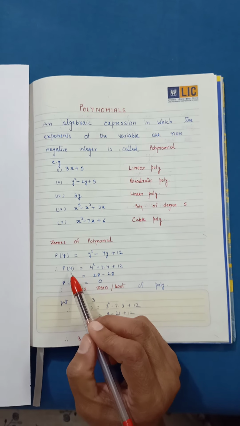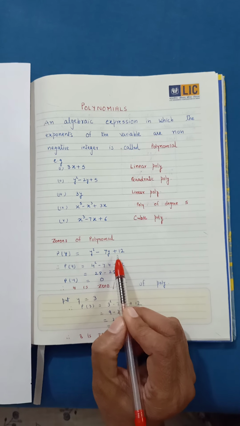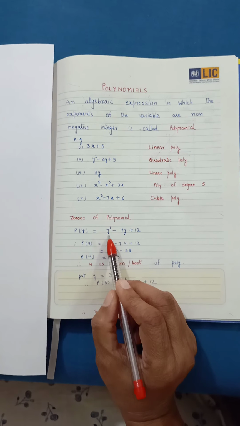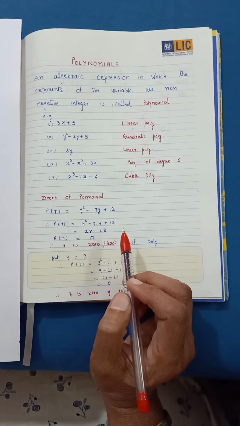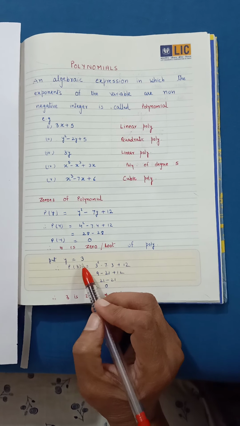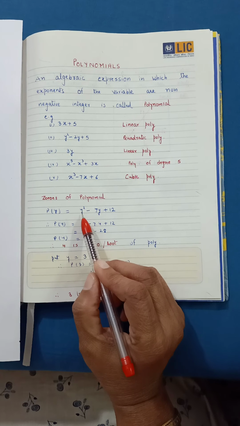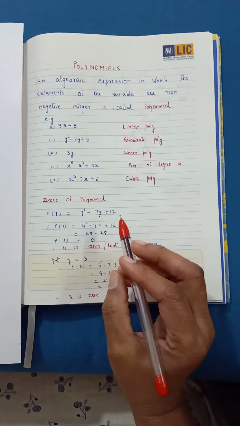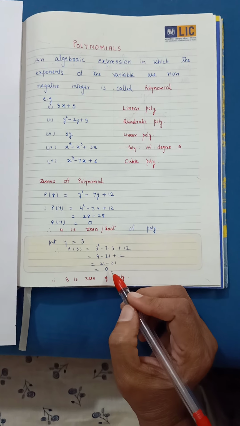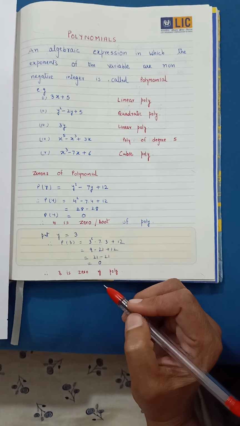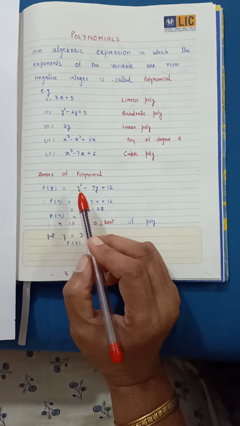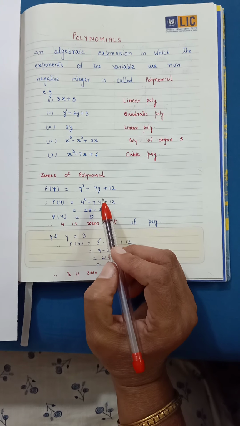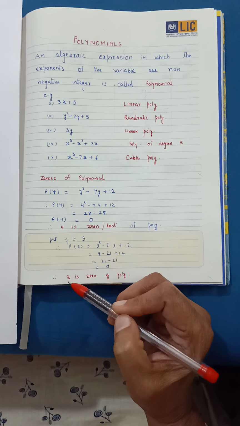It means 4 is a zero, or root, of the polynomial. Similarly, if I put y equal to 3, 3 square minus 7 into 3 plus 12, after solving it we get 0. It means 3 is a zero of this polynomial. So we are getting two zeros here, 4 and 3.